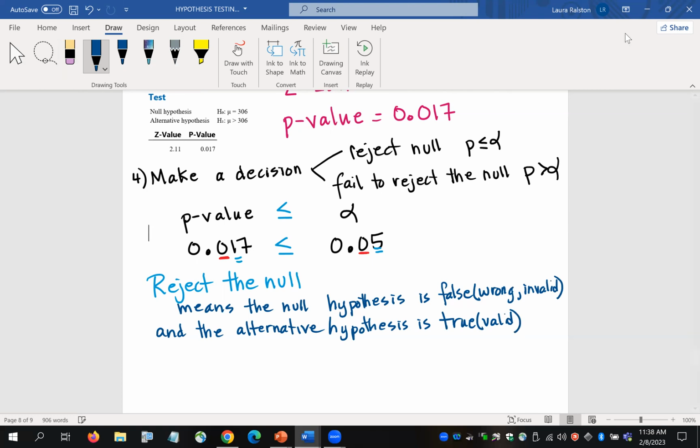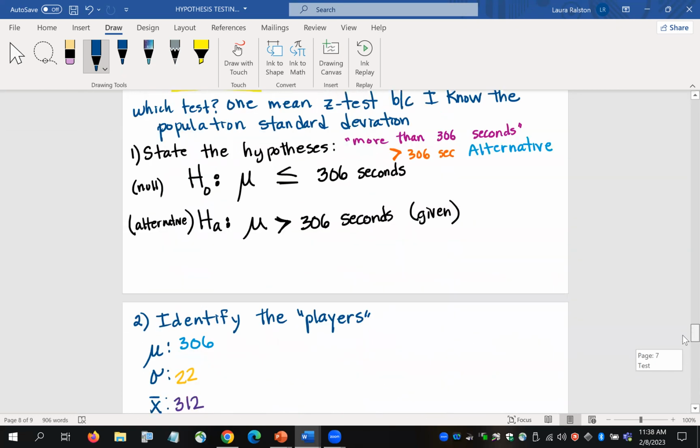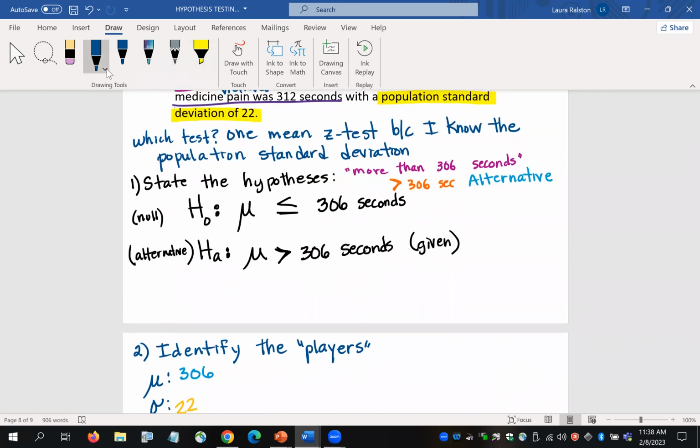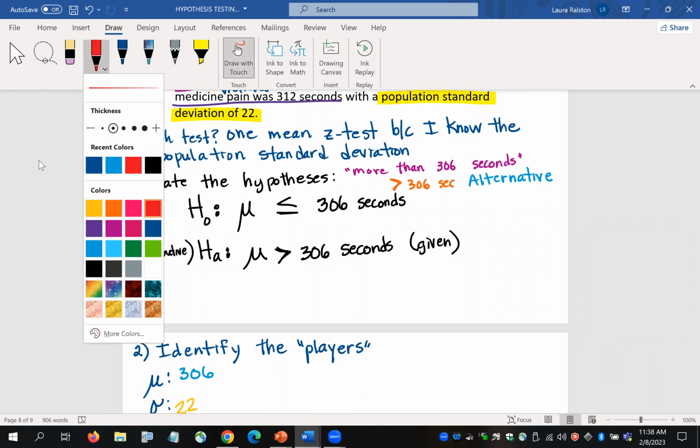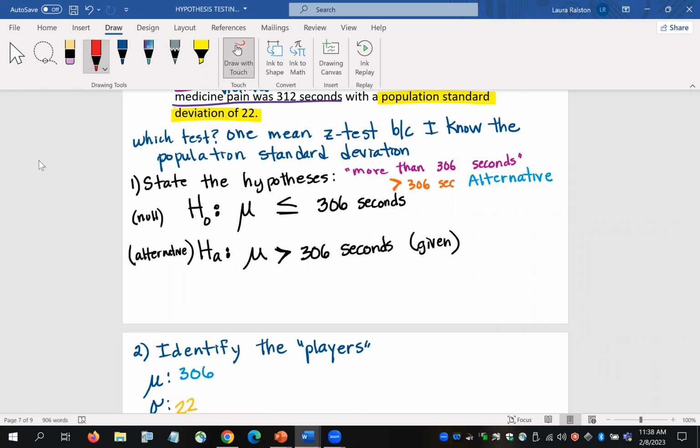Okay, so this one we came to a different conclusion than we did on the other two. What we proved in this particular scenario is that the null is false or wrong, and the alternative is true. So when I write my conclusion, we write it in terms of the statement that is true.